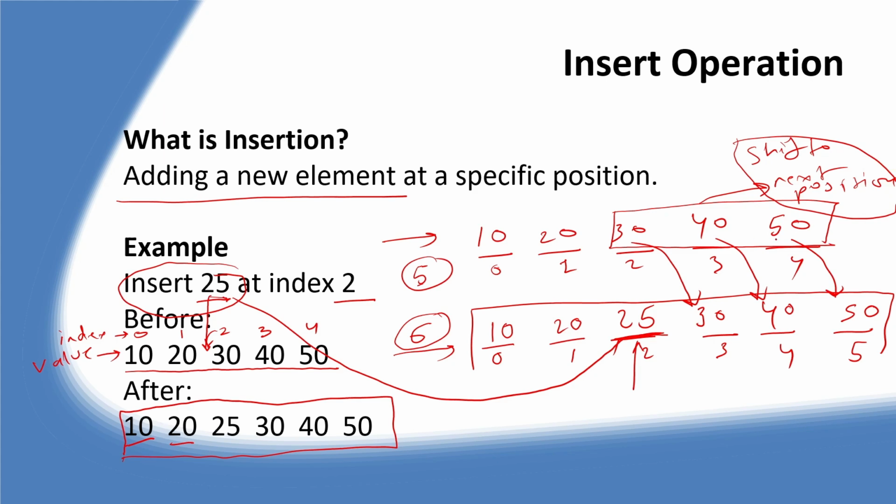So 30, 40, 50 shifted to the next position, that is 3, 4 and 5. And then at index 2, we can insert the new value. So to make space for the new element, existing elements may need to be shifted to the right.